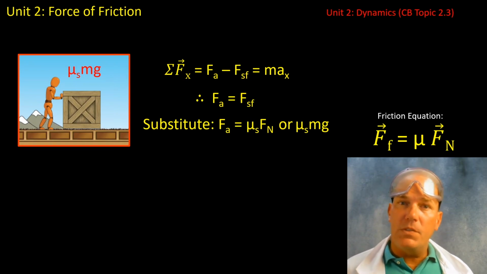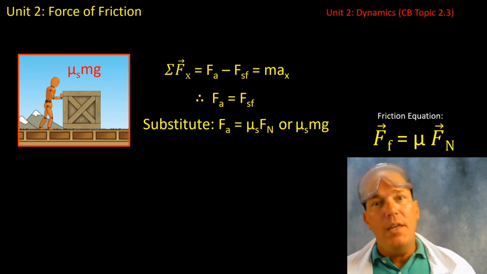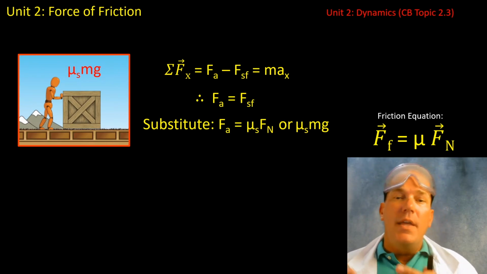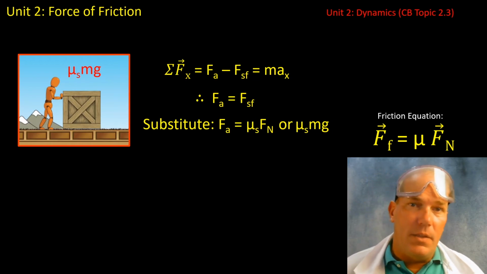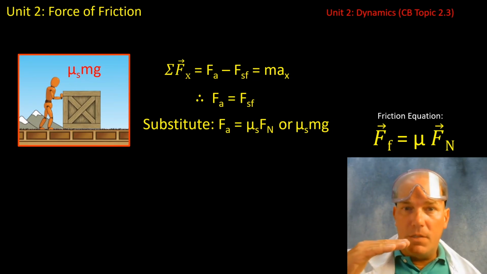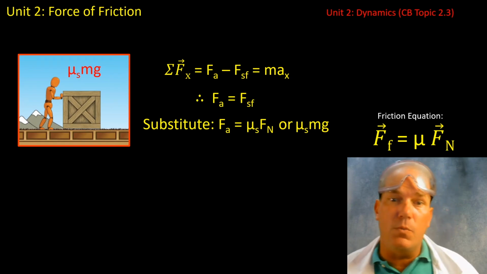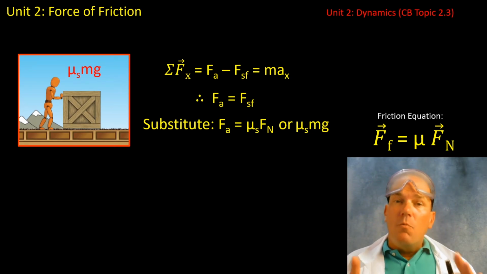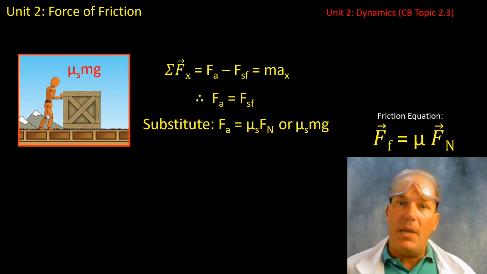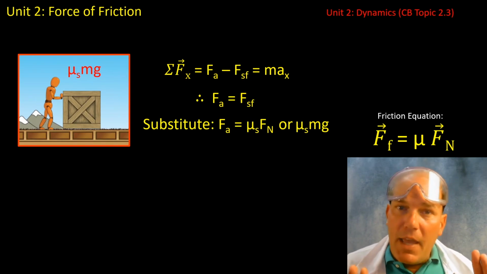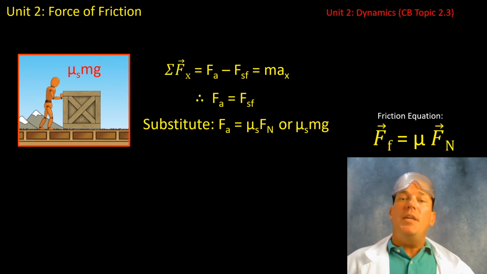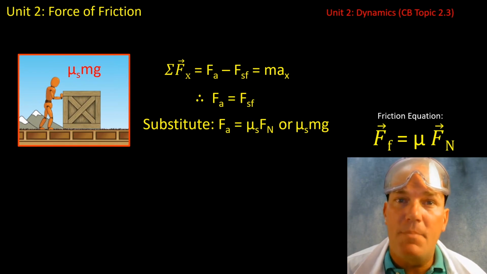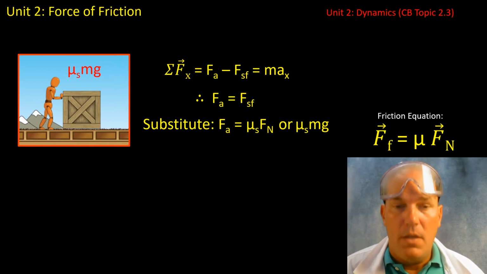Therefore, the force applied by the man on the crate is equal in magnitude, opposite in direction to the force that the road applies to the crate, which is parallel and in the opposite direction, and that's the force of static friction. All right? What I'm trying to show you here by summing the forces is that that applied force will be equal to the force of static friction until the object is set into motion.